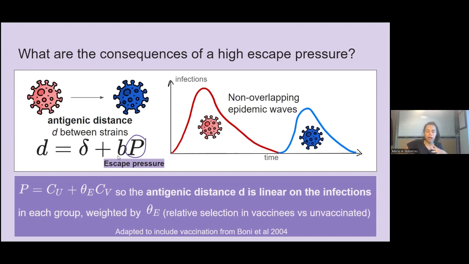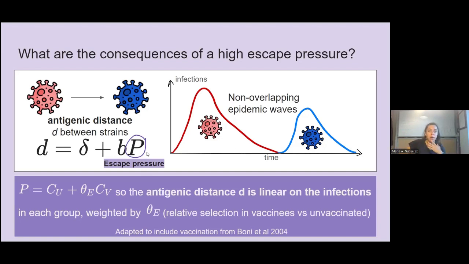To do that, I borrowed the approach from the influenza literature and assumed that the antigenic distance between the strains, so how different they are in terms of their immune effects, receptors, epitopes, and so on, depends on the escape pressure. So the more escape pressure there has been, the more different they are, the more antigenically distant they are.